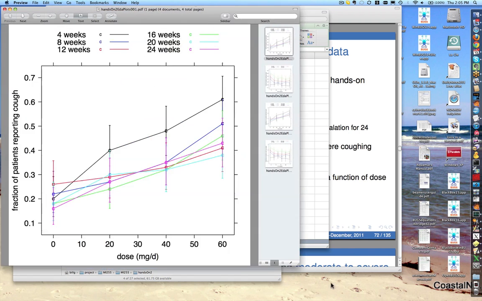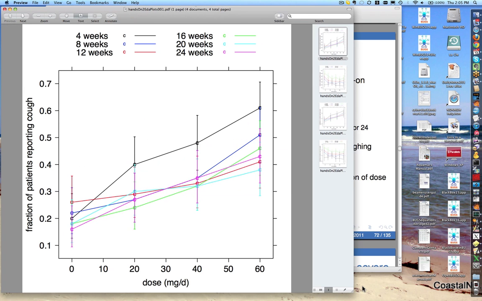For example, here we're looking at the fraction of patients with a cough versus dose. For each visit, we've got a point for the fraction of patients reporting cough. You can see in general this is going up with dose, though there seems to be some sort of pattern. On the 4-week episode, that's the top curve here, there's more frequent coughing than for the remaining time points.